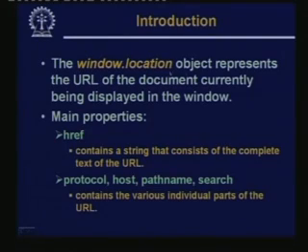So, the window.location object will represent the URL of the document which you can see presently displayed in the window. There are several properties here again. The first property, which includes a number of things, is the href. Href is actually a string which consists of the complete URL.